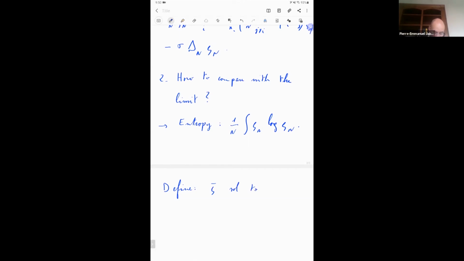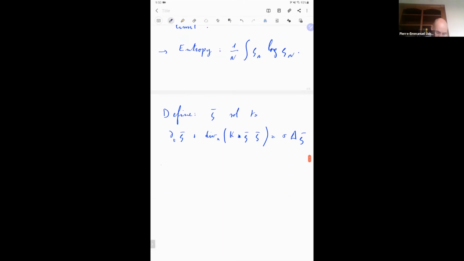So let me define rho bar, the solution to the mean field limit, which is just this. And out of that, I can tensorize, and I can get, therefore, the joint law of the McKean-Vlasov process.